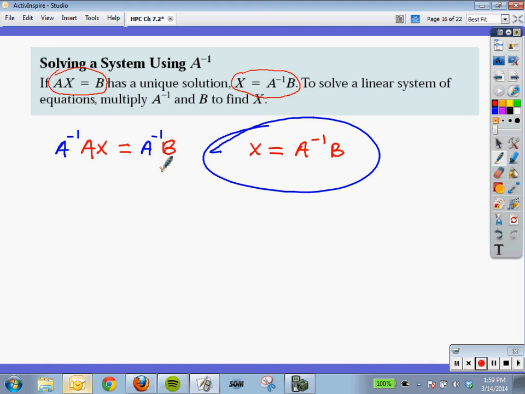So we have AX is equal to B. To isolate the X value, multiply both sides by the inverse of A, and the inverse of A times A will result in the identity matrix, and when we multiply that times X, we'll just get X all by itself, and the inverse of A times B will result in this X value. Like I said, I think this will make much more sense when we're working through an example. Are we ready for that example?